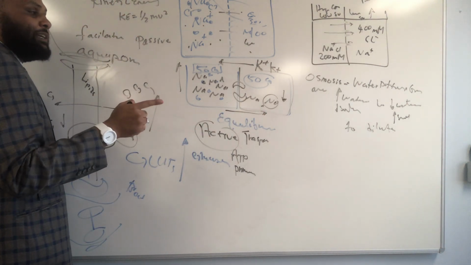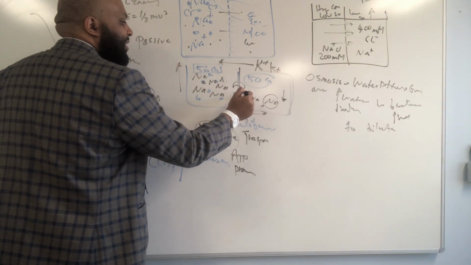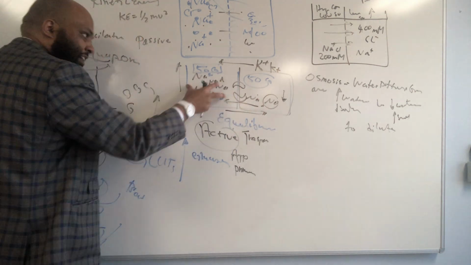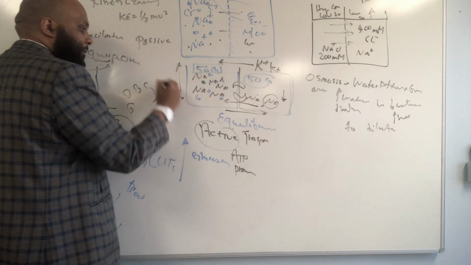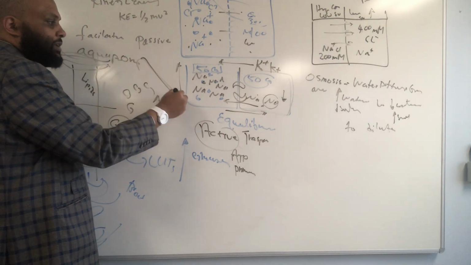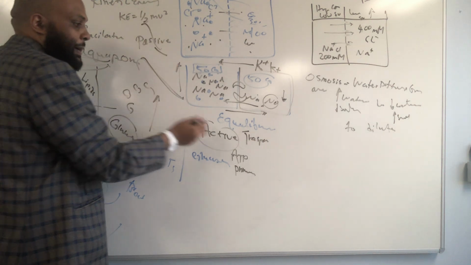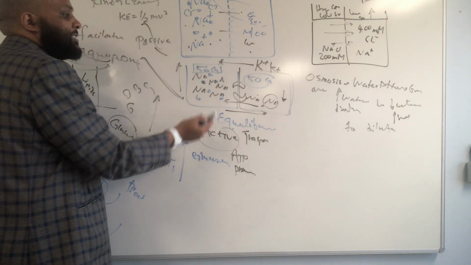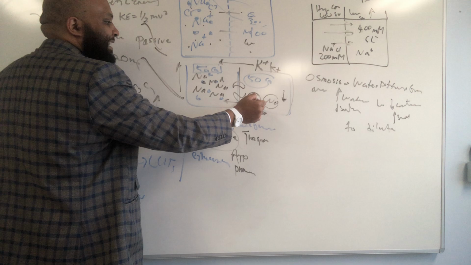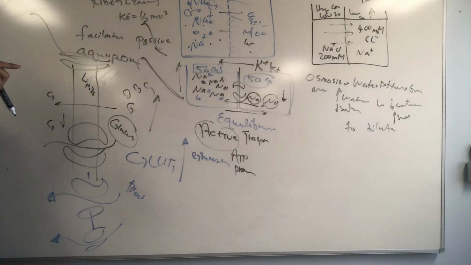The sodium potassium ATPase, whatever that diffused in, it will take 3 sodiums from inside to the outside against the gradient. So now we're going uphill. Before it was downhill. Sodium from a lot of sodium to a little bit of sodium. Potassium from where there's a lot of potassium to where there's a little bit of potassium. But the sodium potassium ATPase does the opposite. It takes the sodium that has walked in and sends it right back where there was a lot. Do you see the problem? Do you see what I'm trying to say now?